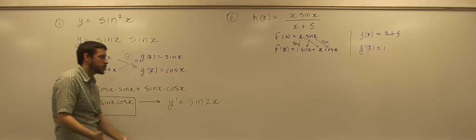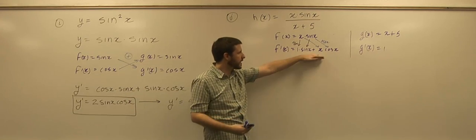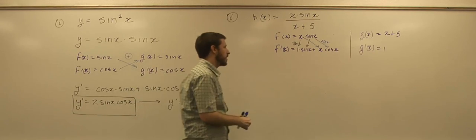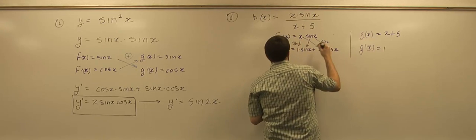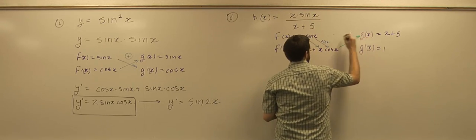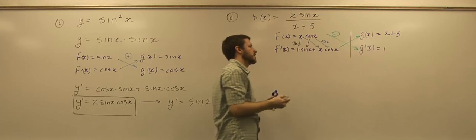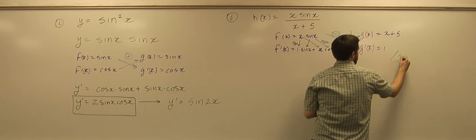So inside of the quotient rule, there was a product rule, which we did. And then we have to finish off the quotient rule, which says multiply these guys, multiply these guys, and subtract, divided by these.